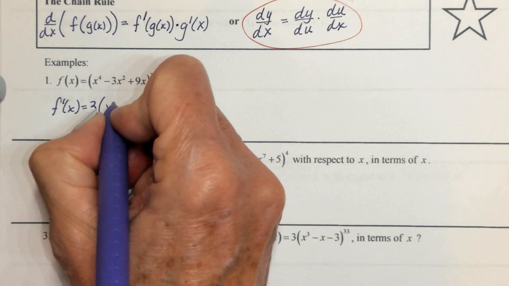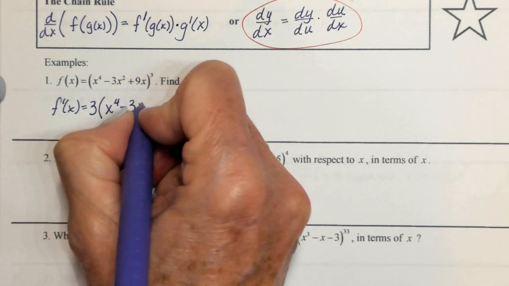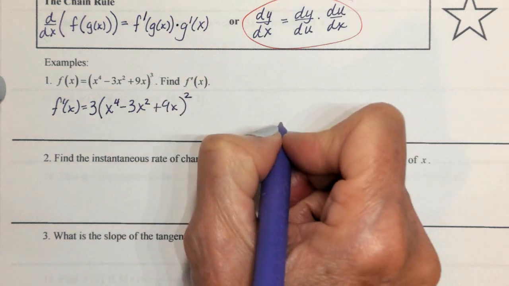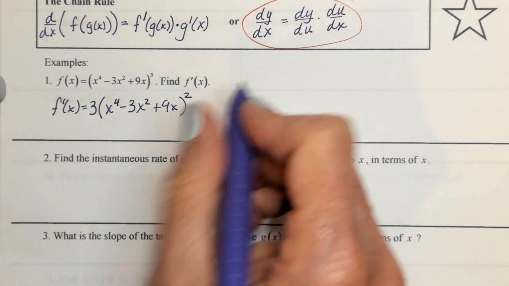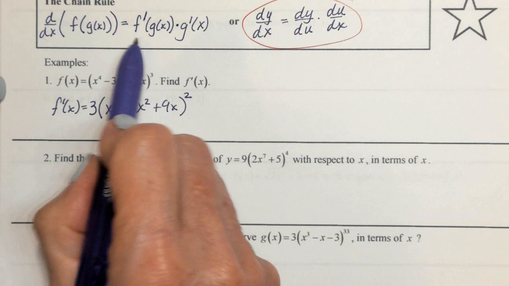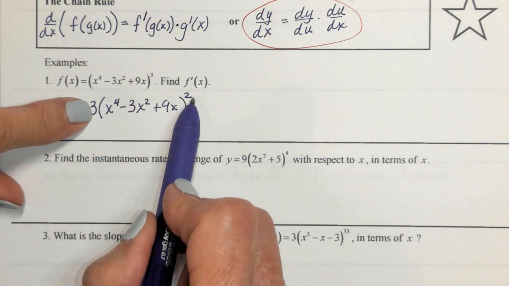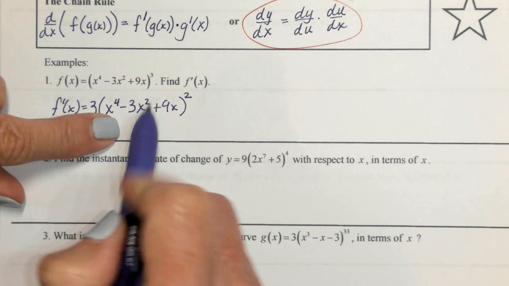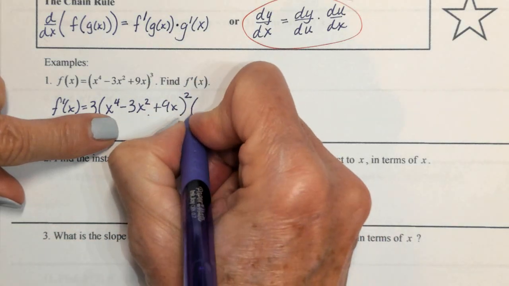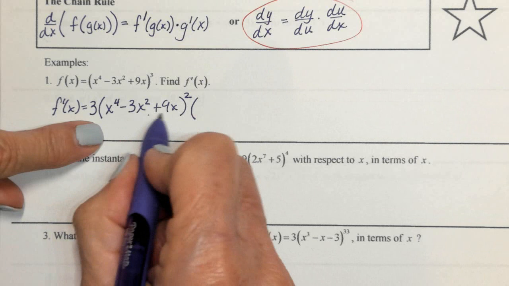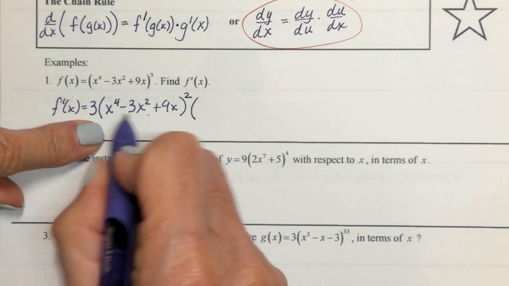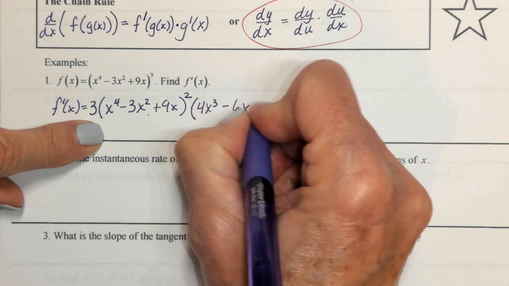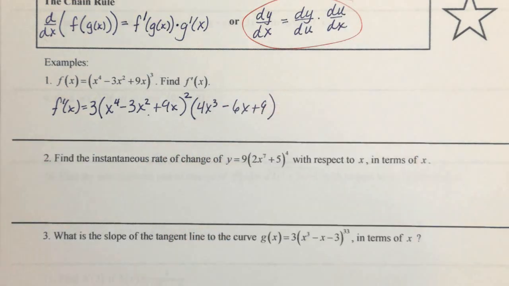So leave your middle alone and decrease the power by 1. So right now we have done this first step. We've done the f prime, leaving the g of x alone. And now we're going to multiply by the derivative of the inside, the derivative of the g. So 4x cubed minus 6x plus 9, and we're done.